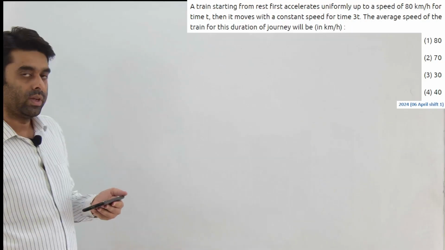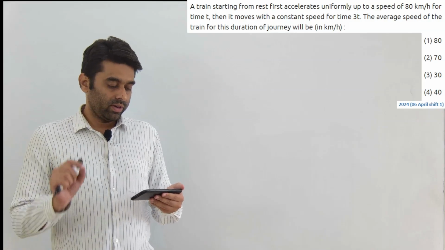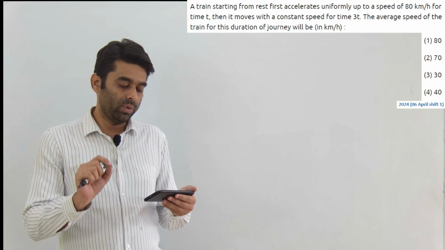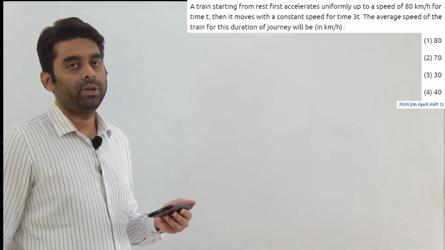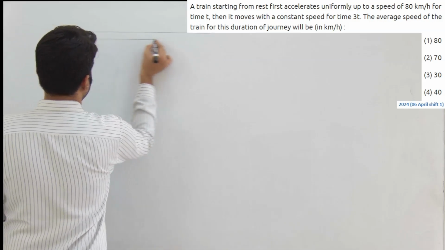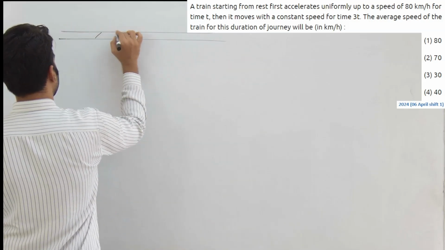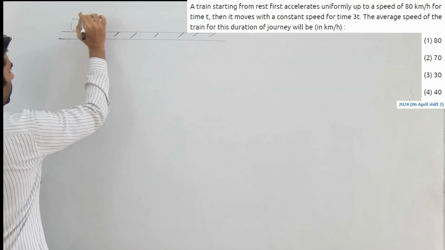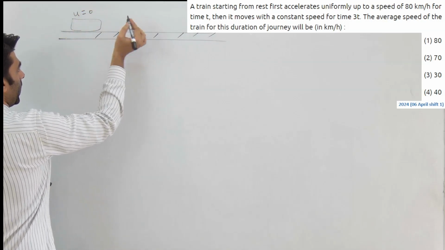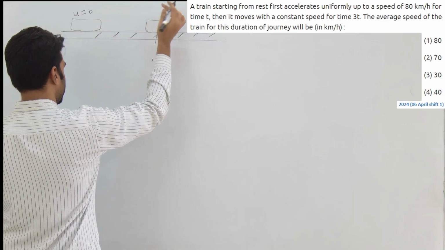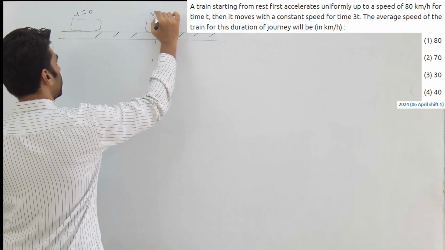The question says a train starting from rest first accelerates uniformly up to a speed of 80 km per hour. Okay, let us draw the situation. The train is starting from rest, u equals 0, acceleration is constant, and the speed becomes 80 km per hour.